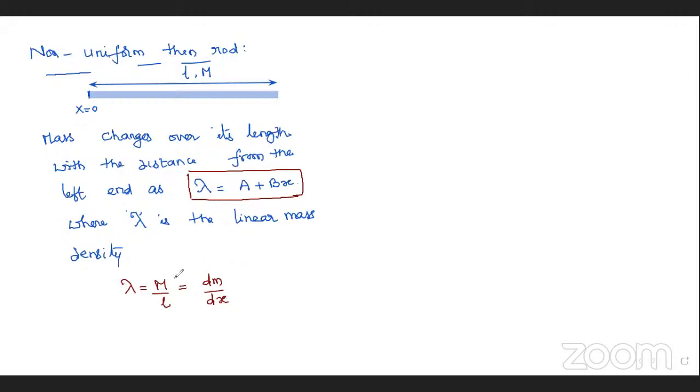Simple. Try to recollect the formula for moment of inertia. I is equal to integral r square dm. So for substitution here, first you want dm. That dm from this equation you will get. That implies dm is equal to, by taking the cross multiplication, lambda dx.